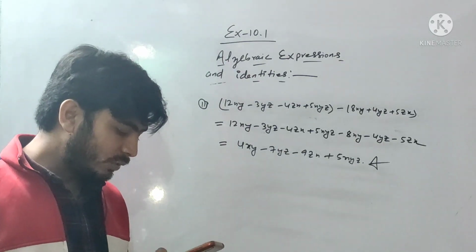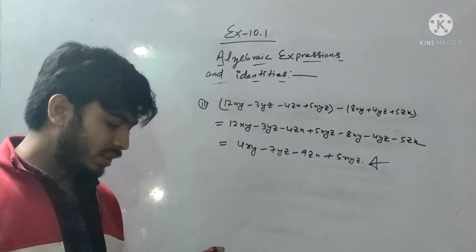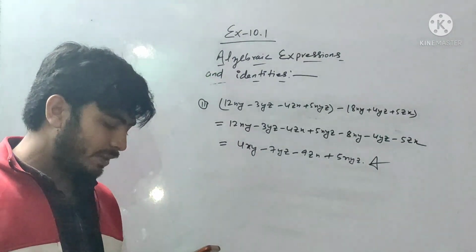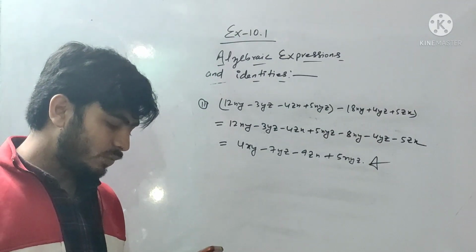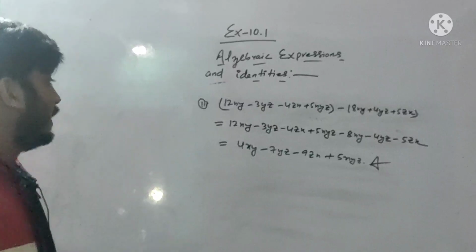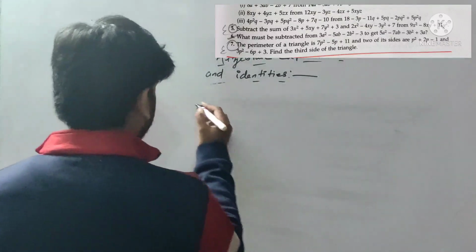Okay, now here question number 5, very important. Subtract the sum of 3x square plus 5xy plus 7y square plus 3 and this from this. Everyone please have a look here.